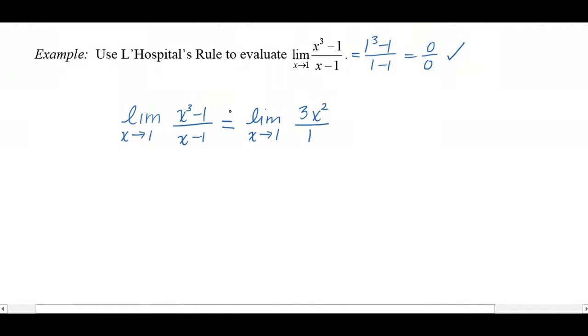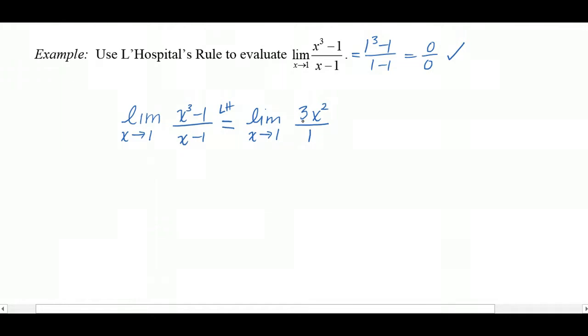So what I like to do, and what I'm going to ask you to do so that I know what rule you're employing, is from one limit to the next, if you're using L'Hopital's rule, above the equal sign, put a little LH for L'Hopital, so I know what you're doing to go from one step to the next. And now we're going to evaluate this limit using direct substitution.